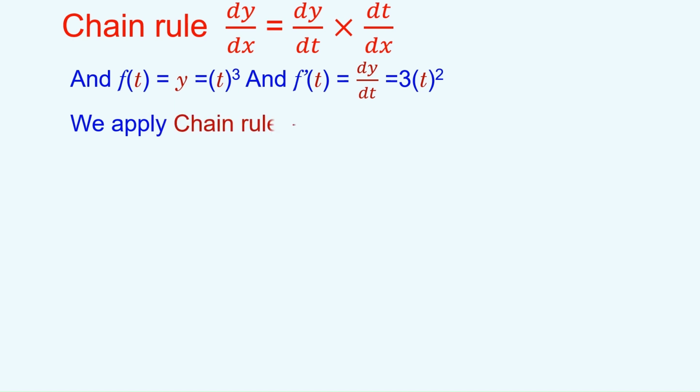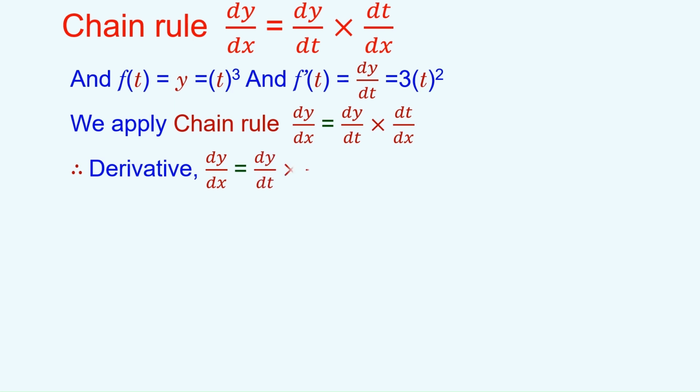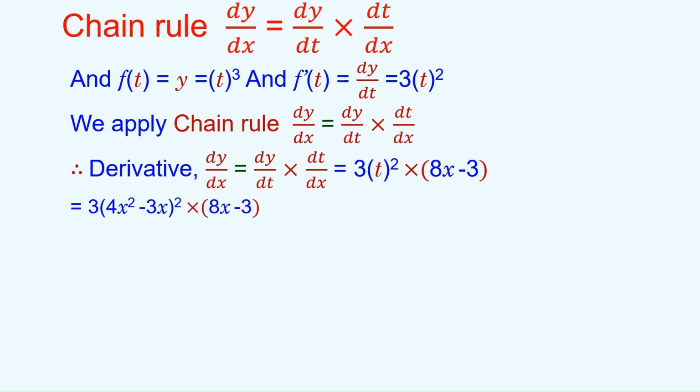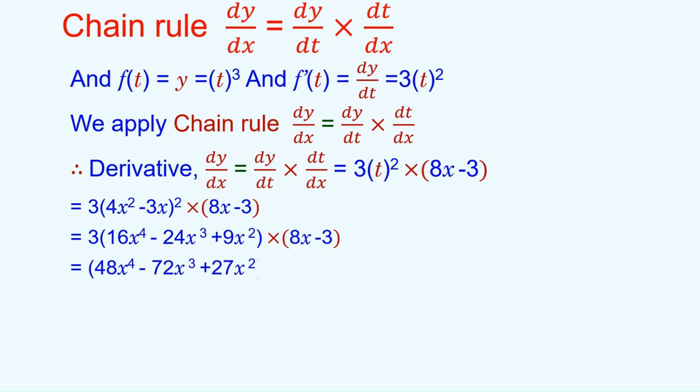We apply the chain rule, dy/dx equals dy/dt times dt/dx. Therefore the derivative dy/dx equals dy/dt times dt/dx equals 3t squared times (8x minus 3) equals 3 (4x squared minus 3x) squared times (8x minus 3) equals 3 (16x to the power of 4 minus 24x to the power of 3 plus 9x squared) times (8x minus 3) equals (48x to the power of 4 minus 72x to the power of 3 plus 27x squared) times (8x minus 3).